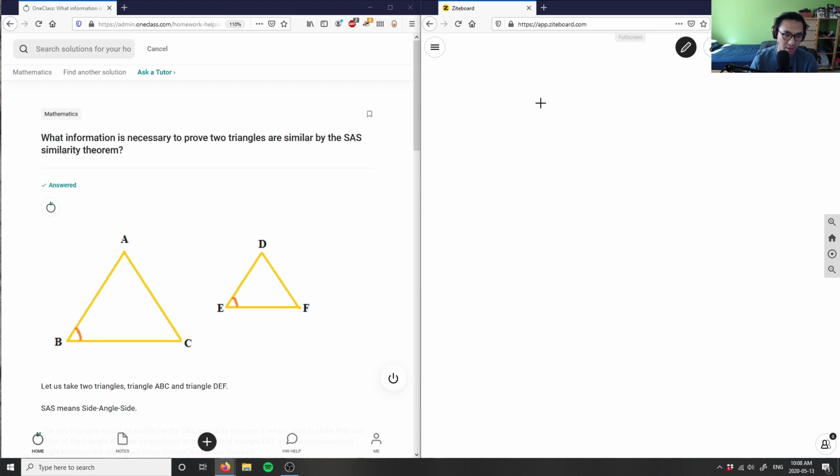Okay, number 2 is asking what information is necessary to prove two triangles are similar by the SAS Similarity Theorem.